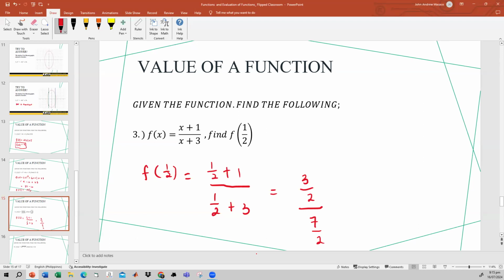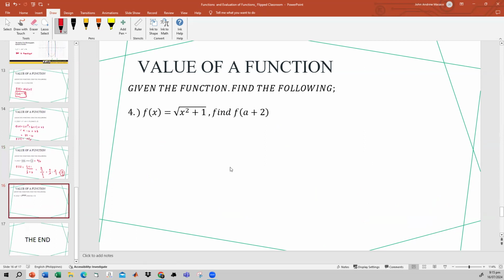Now we're dividing two fractions, so we just take the reciprocal of the bottom fraction. That's 2 over 7, and you can cancel out 2 and 2. This gives you 3 over 7. So f of 1/2 is just 3 over 7.